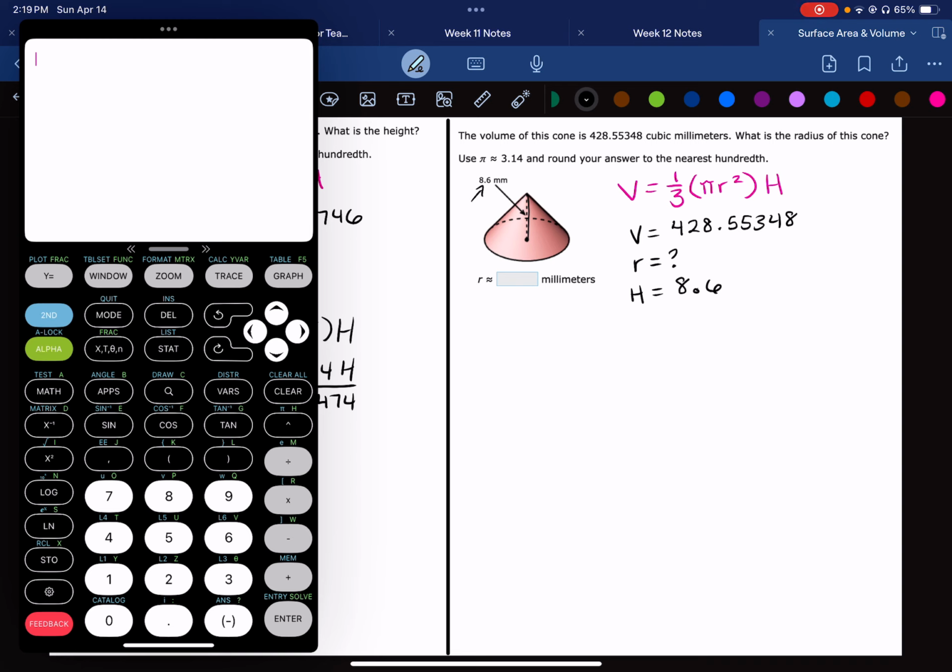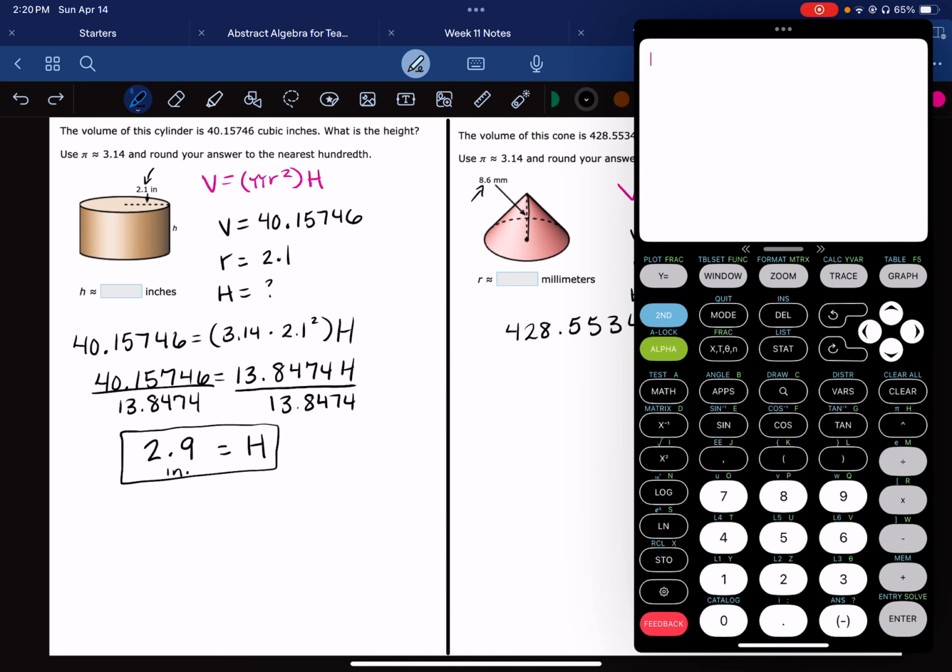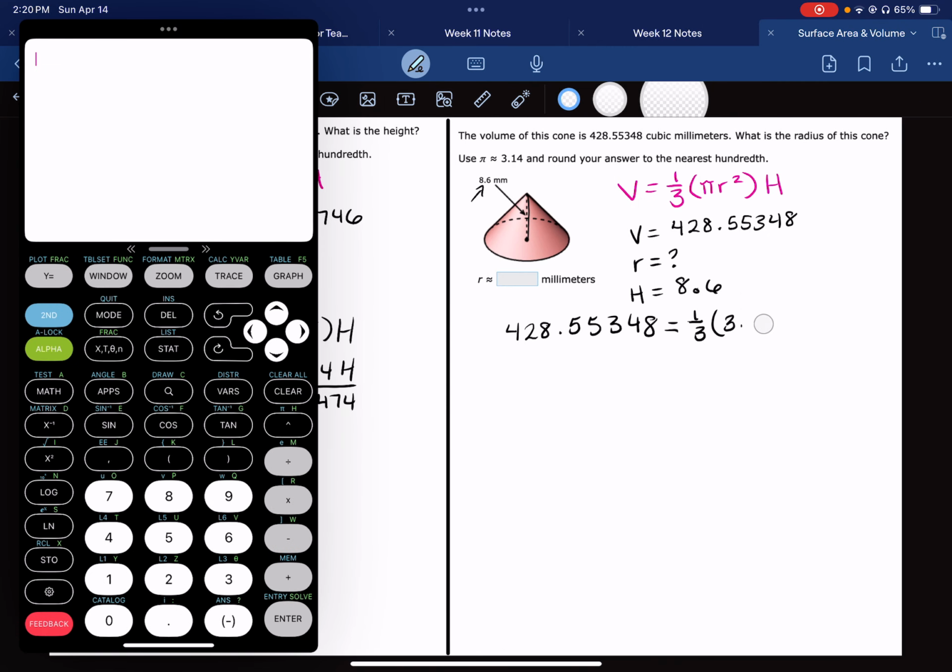So volume is going to get, the V is going to get replaced with 428.55348 is equal to 1/3 times 3.14 times the radius squared, which we don't know, so we're leaving r, times the height, 8.6, the height of the cone.